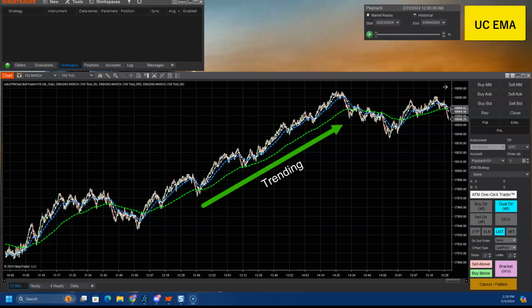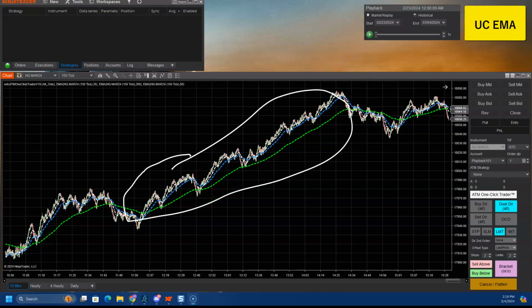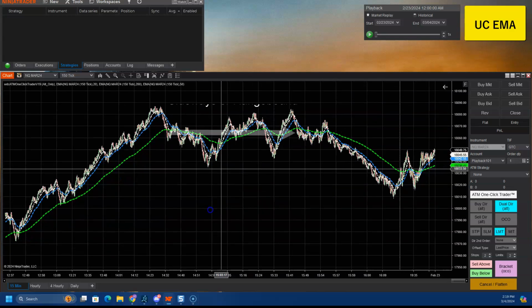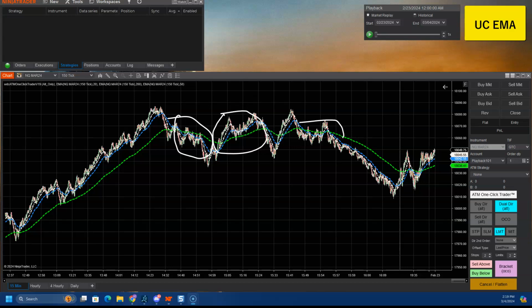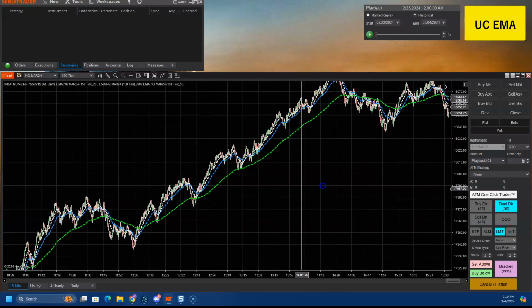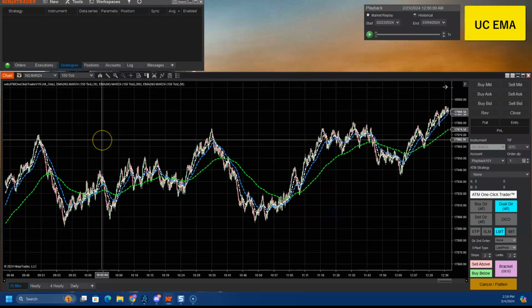So this is one market structure where the market is trending, not sideways, versus this one right here, which is sideways, a little bit sideways, and then again a trendy market.